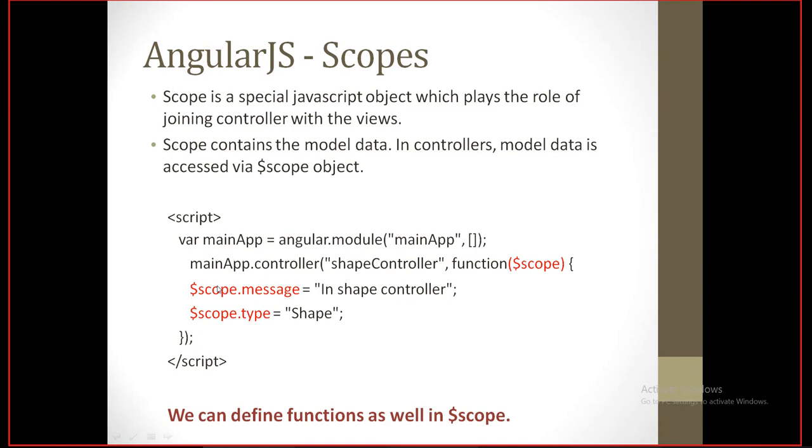So suppose the main app module has a function and we want to invoke that function, or we want to define that function, then that can be done with the help of the scope object here itself in the controller. Not only the variables can be initialized, but even the functions can be defined using the scope object. Fine.